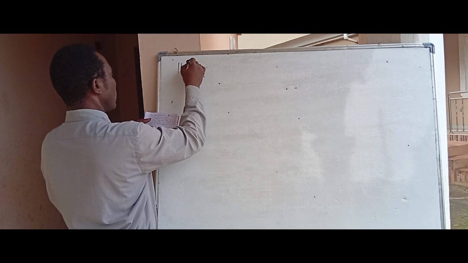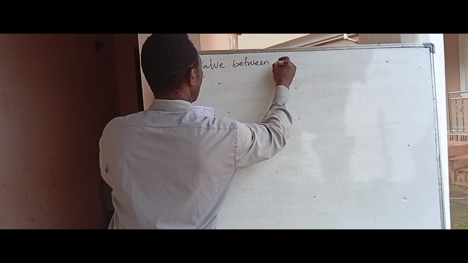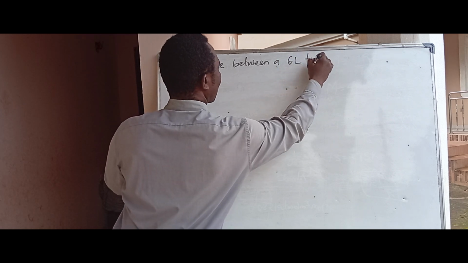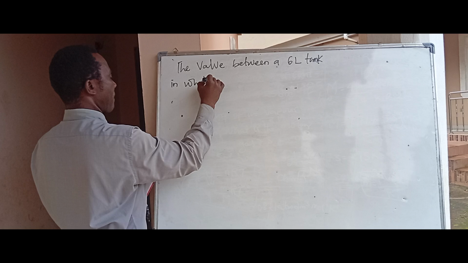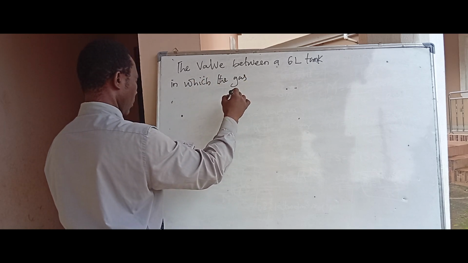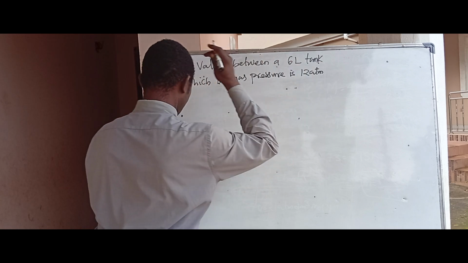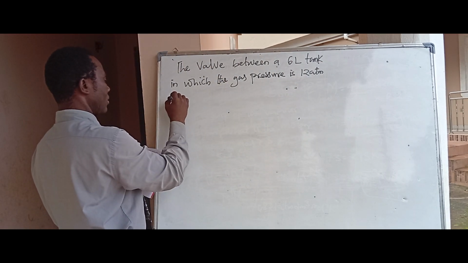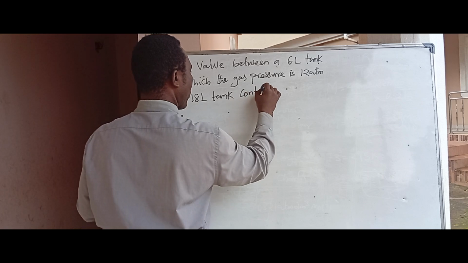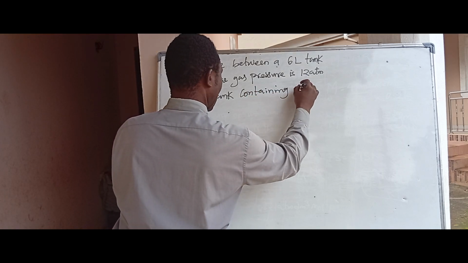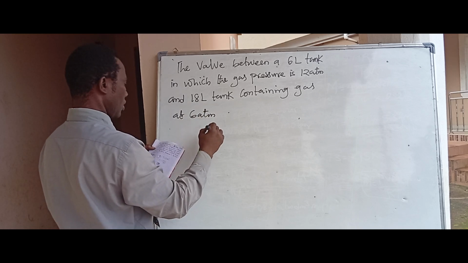The question says the valve between a 6-liter tank in which the gas pressure is 12 atm and an 18-liter tank containing gas at 6 atm is opened.